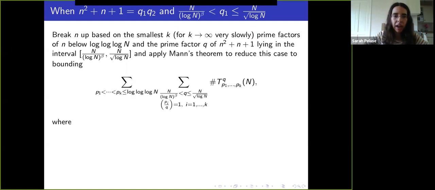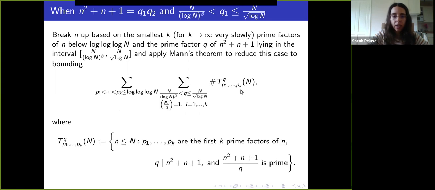And then we apply the union bound and Mann's theorem to reduce it to bounding the sum over all of these k-tuples of primes, and then primes q in the interval we care about, such that each p_i is a quadratic residue modulo q, of the number of little n below big N that, as you'd expect, have p1 up to pk as their first k prime factors, have q dividing n squared plus n plus 1, and are the product of q and another prime.